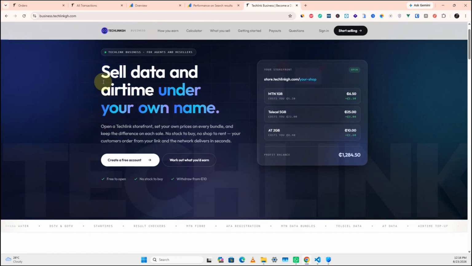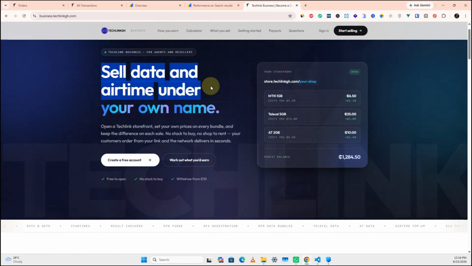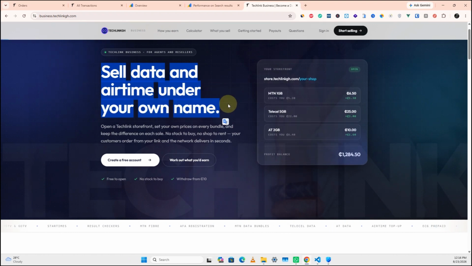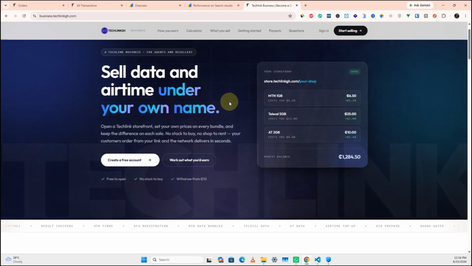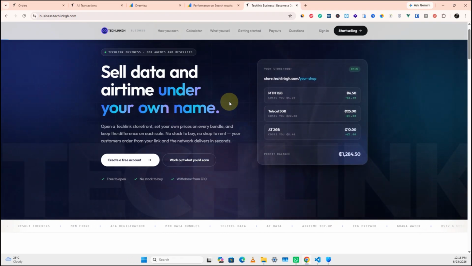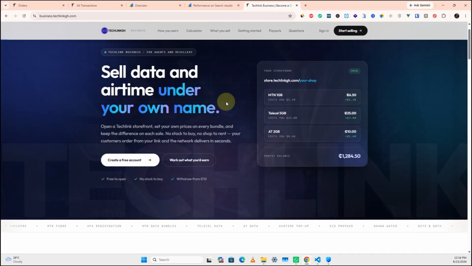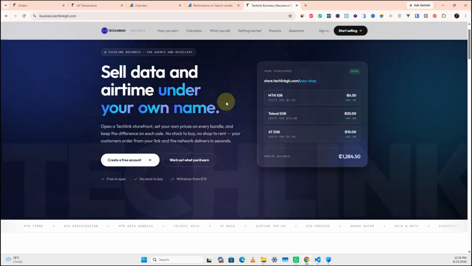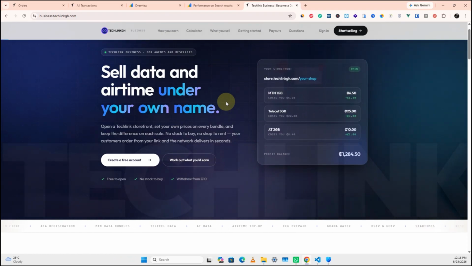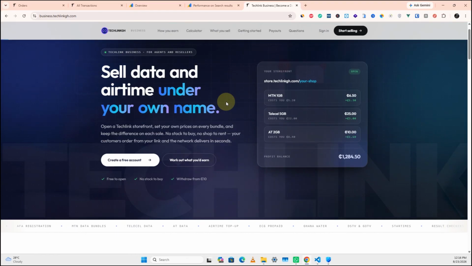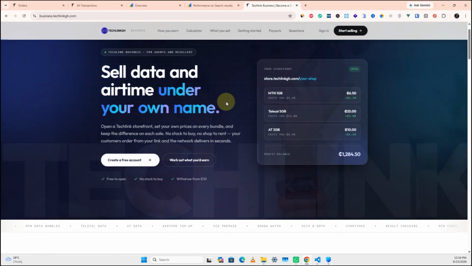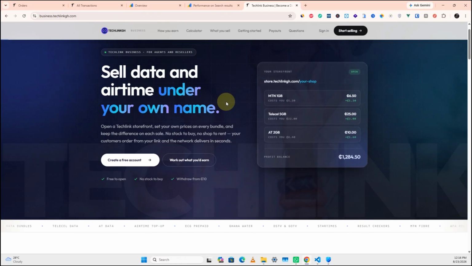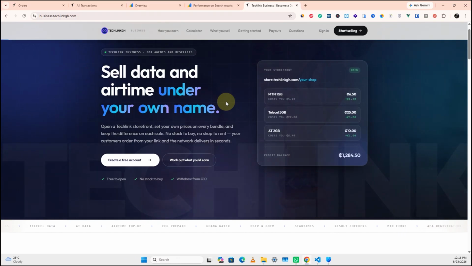So basically, it's saying here sell data and airtime under your own name. You can create an e-store here and sell using your own store name. Then you give the link to your store to your customers for them to buy from you. The moment they buy from you, you also get profit from that.